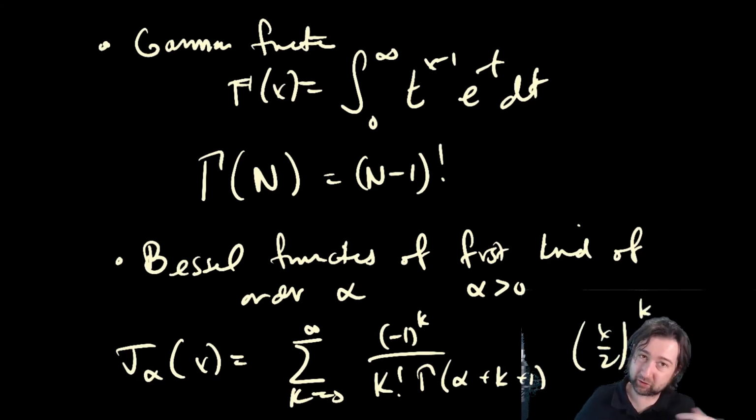Which admittedly is sort of an atrocious looking formula, but it just comes out of the Frobenius series computation. And fortunately, you never actually have to compute this because someone put it in a computer program for you.